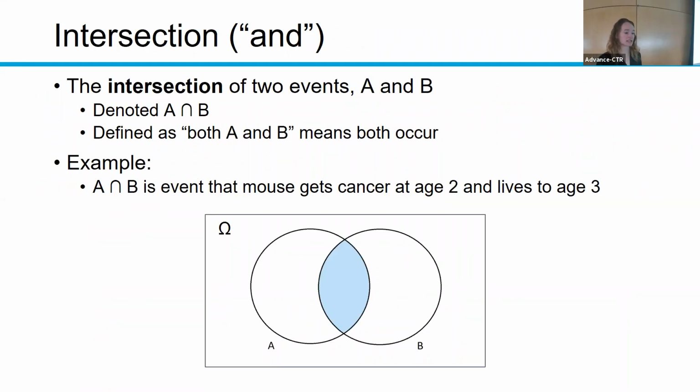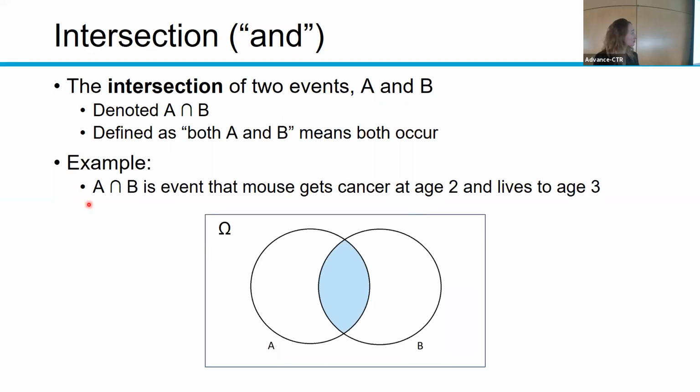So more about the intersection. If we look at a Venn diagram, this is sort of how we denote Venn diagrams. The big square, this omega, shows us that this is our entire sample space. Things can happen inside of A, things can happen inside of B, things can also happen outside of A or B. But any possible event within our experiment will happen within this bound.